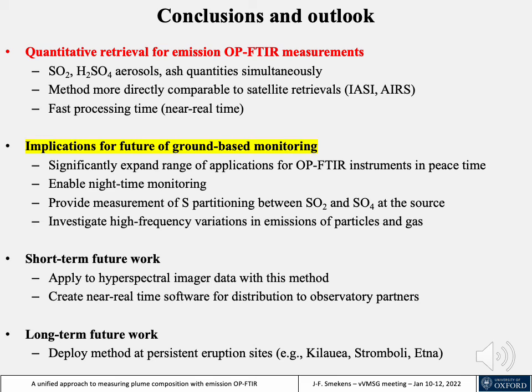It enables nighttime monitoring as well, and it could be used to provide a measure of the ratio between sulfate and SO2 at the source, which could have a significant impact when it comes to plume dispersal modeling and VOG modeling in particular. And with this, we can investigate high-frequency variations in the emissions of all those particles and gas during persistent eruptions. Thank you.